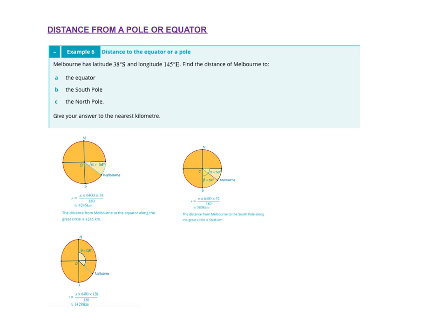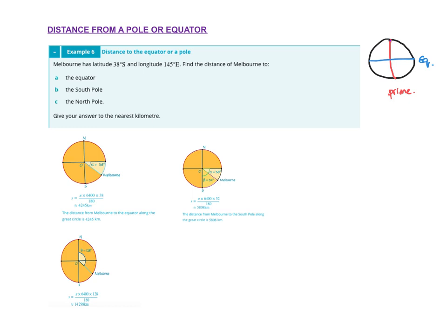Let's draw them in here. That's the prime meridian, the 0 there, and here's the equator. That's your 0 line, and Melbourne was down here, 145 east and 38 south.